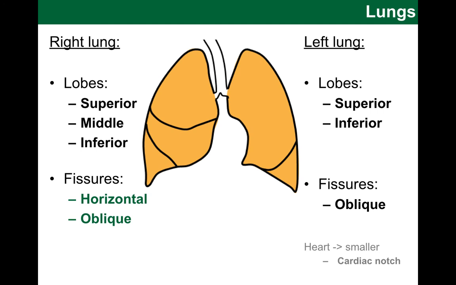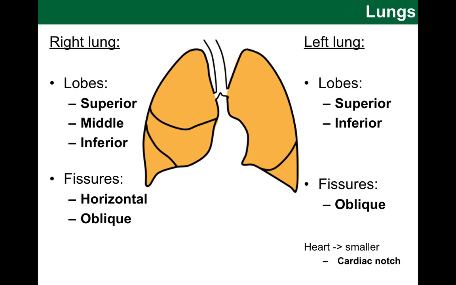The horizontal fissure separates superior and middle lobes of the right lung, and the oblique fissure separates middle and inferior lobes. On the left side, since we only have 2 lobes, we have only 1 fissure. This is the oblique fissure, and it separates the superior and inferior lobes. So we should feel pretty comfortable with these terms.